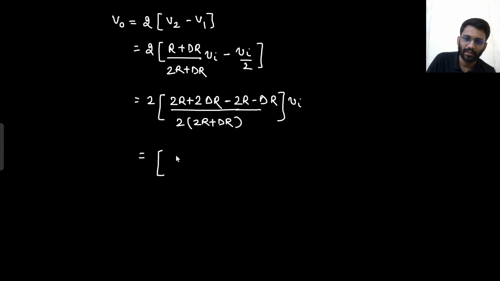So here what do you see? Delta R divided by 2R plus delta R into Vin. This is your V naught.